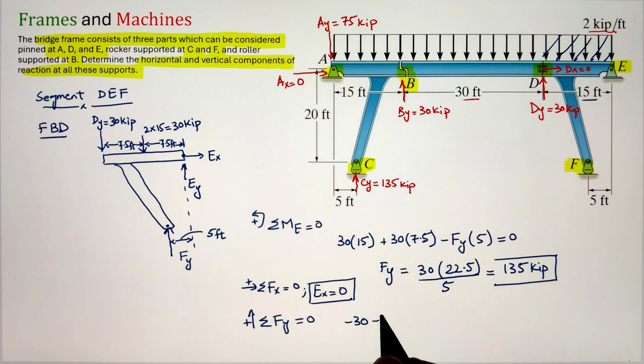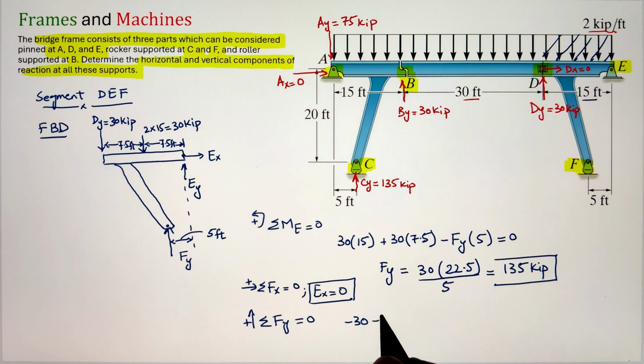Same case for the point load of negative 30k, whereas our Fy is pointing in the upward direction. So that is plus 135 plus Ey equals 0.